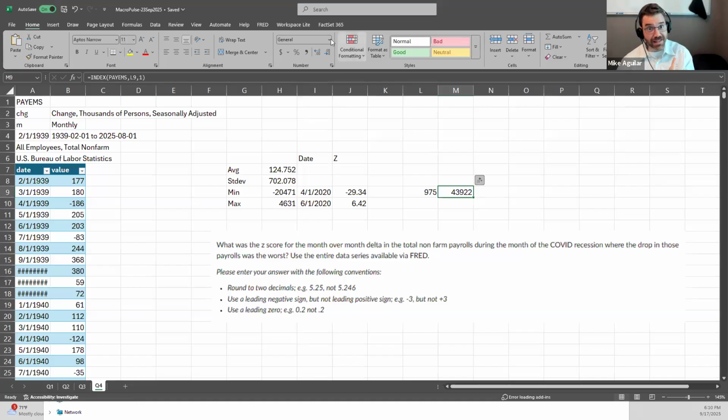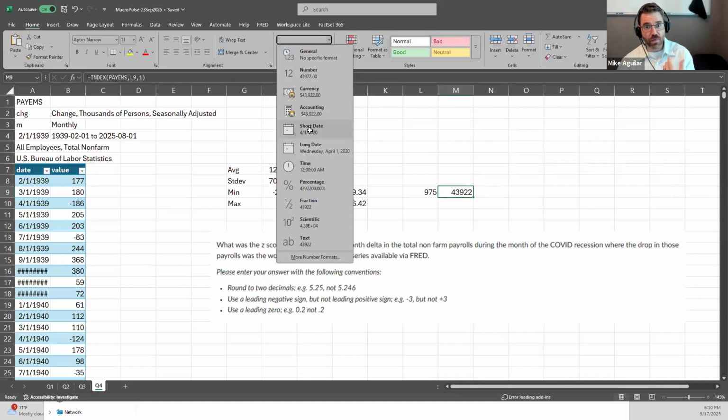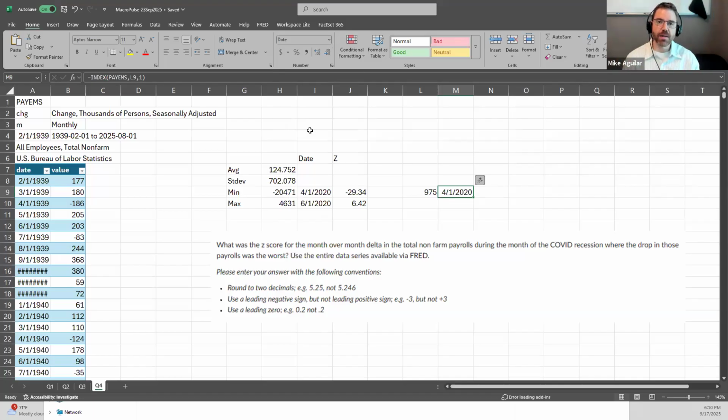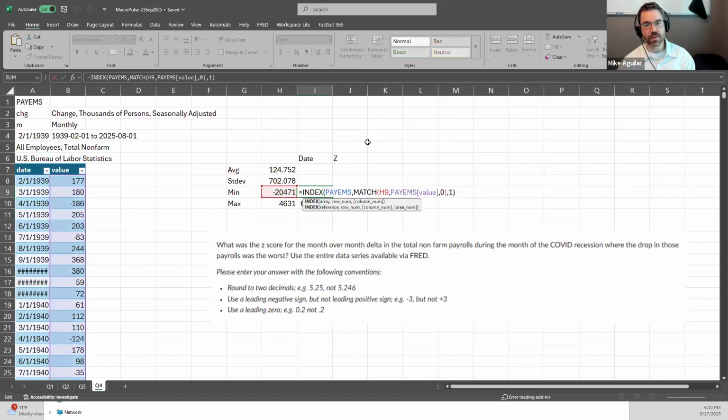That doesn't look like a date. It is a date. Format it. The way Excel stores all that date information is as a number that us humans can't read, but you could just format it. I did all that for you right here, embedded. That makes sense. That's what we found before. April 2020 was the worst month ever for the job market.